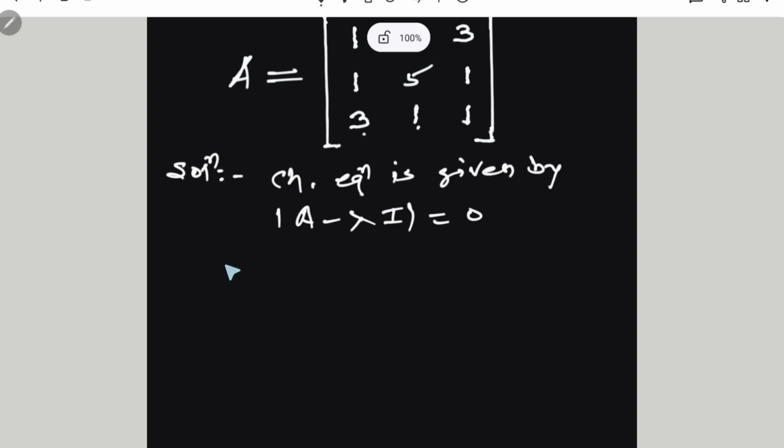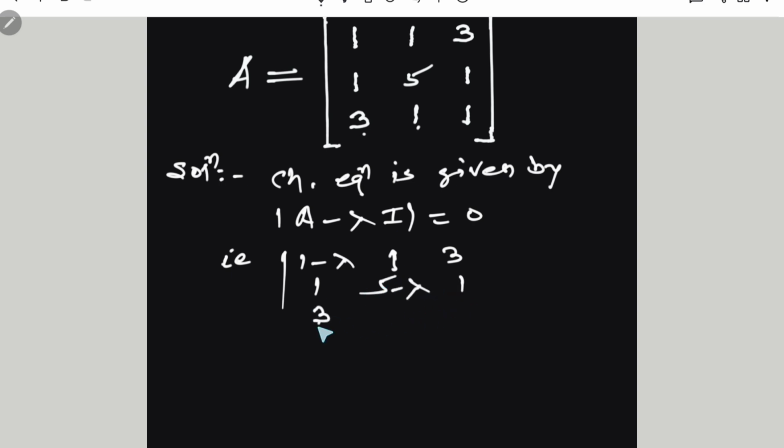That is, subtracting lambda from the principal diagonal elements, we get the determinant as 1 minus lambda, 1, 3, 1, 5 minus lambda, 1, 3, 1 and 1 minus lambda, and we have to equate that determinant to 0.